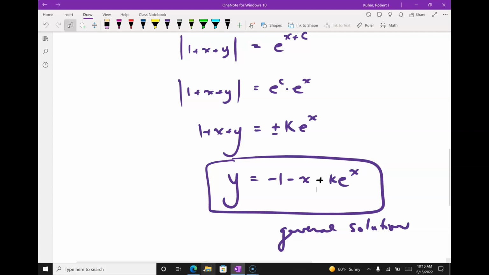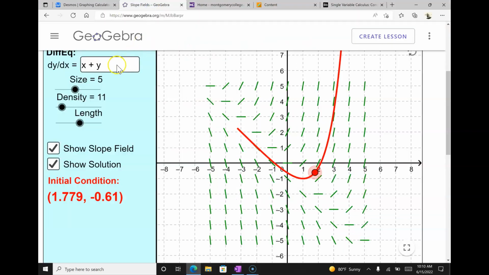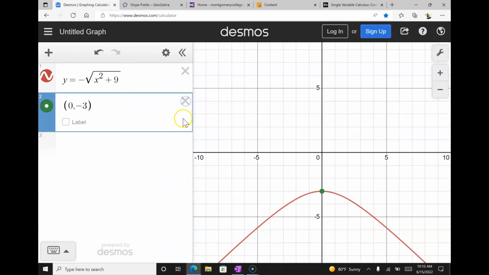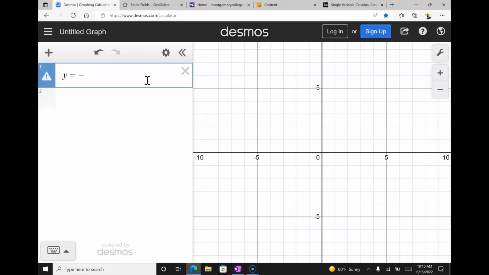K will take on the plus or minus when I put in my initial condition. Yeah. So slope field. Desmos. Right? Y equals negative 1 minus x plus my slider k e to the x.